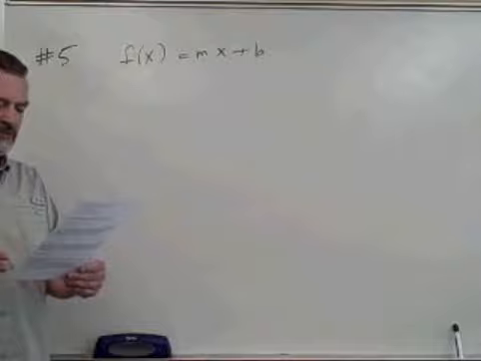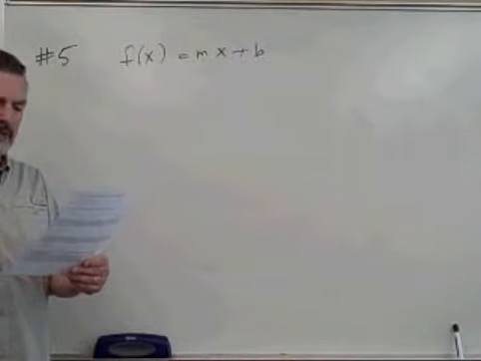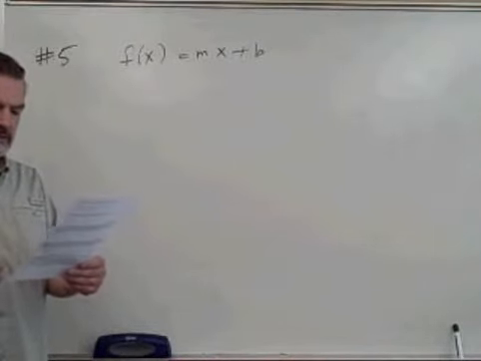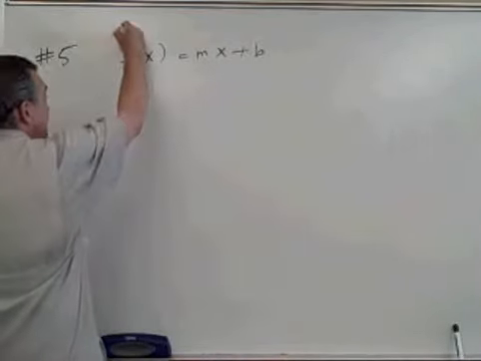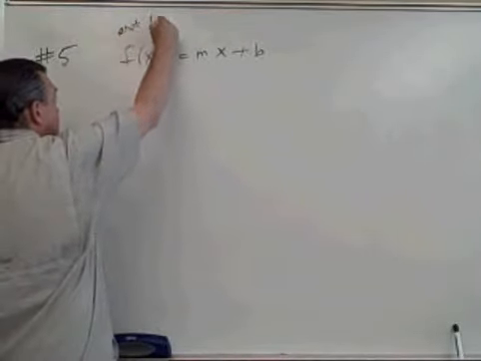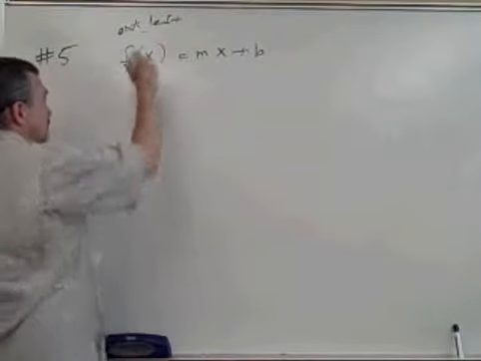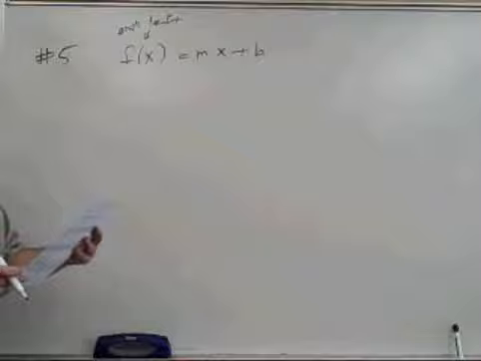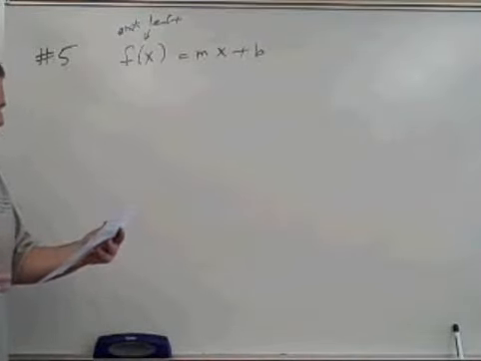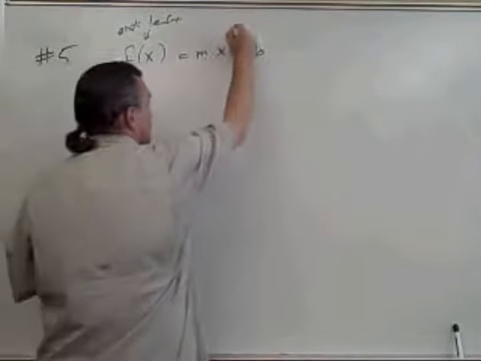So it says, write the linear function that expresses the amount remaining in her account. Okay? So the function represents the amount left in her account. That's what this value is, the amount left, based on the number of months x.